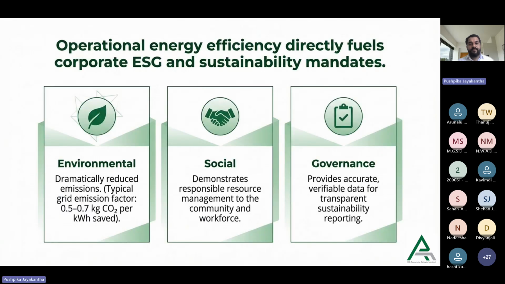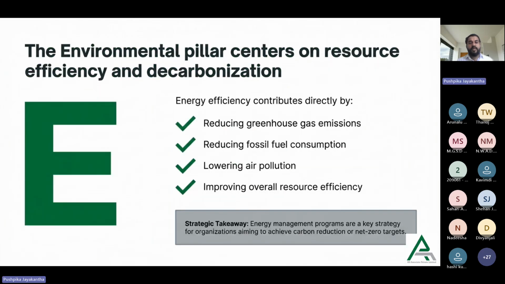And then energy management initiatives contribute to all three pillars of sustainability: environmental, social, and governance performance. The environmental pillar mainly focuses on reducing environmental impact and protecting natural resources.